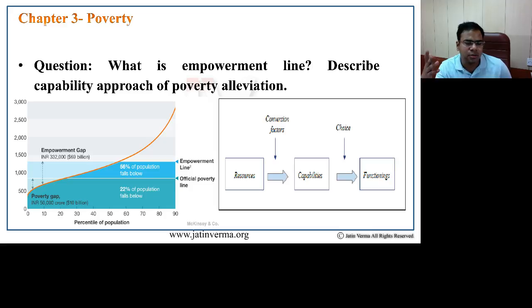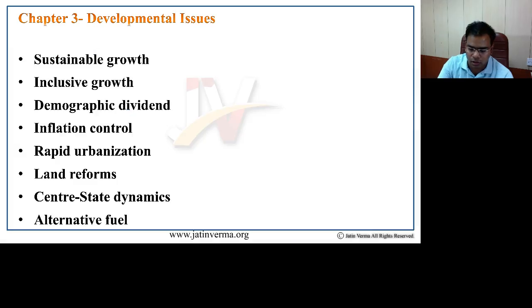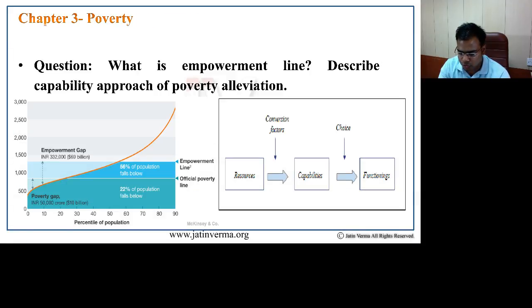As I have said, I always emphasize better answer writing. Let's discuss one question, and then we would be moving to the next section, developmental issues. When it comes to developmental issues, we could be talking about various developmental issues that India is currently facing.